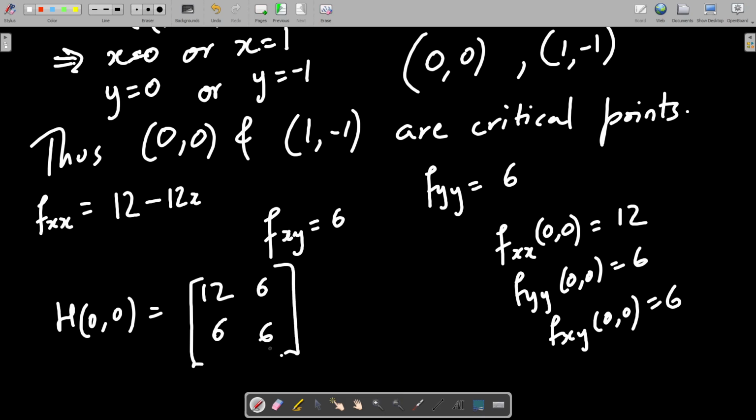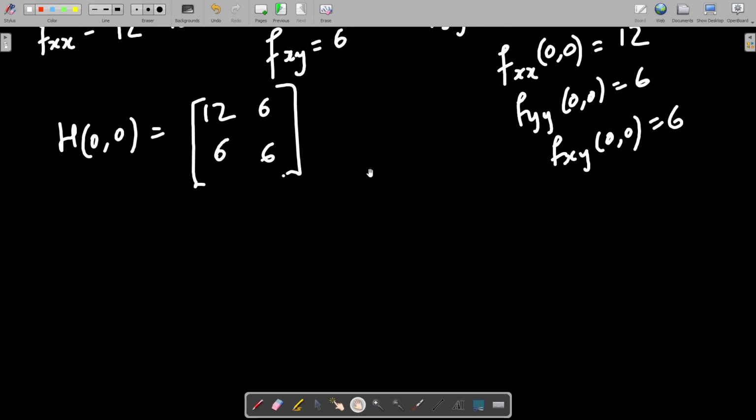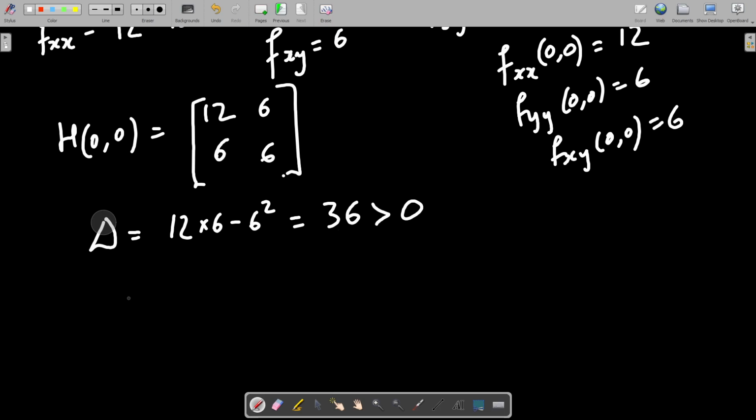Okay, clearly you can see that the determinant of this is that delta value. That delta is 12 into 6 minus 6 square. It's actually 72 minus 36, and that's going to be 36, which is positive, right?